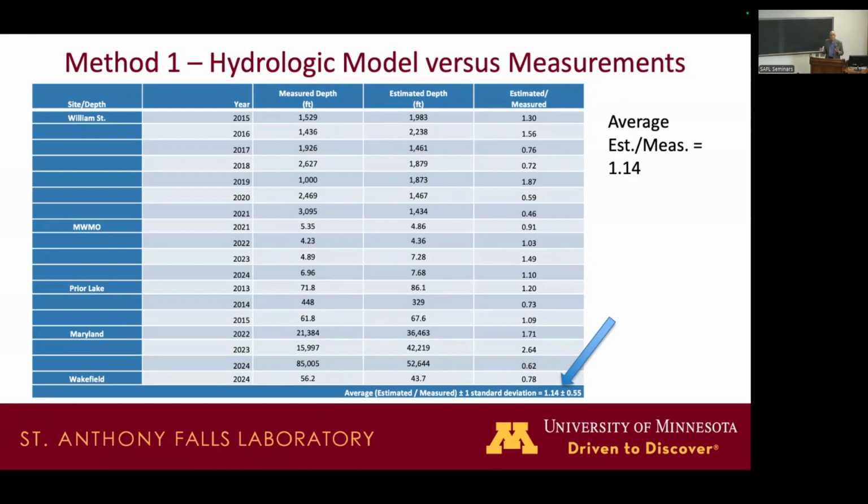I thought that was remarkable because first off, our model is not that good. And there's really no model that's that good. But secondly, there are also problems with measurements. You know, it's really difficult to measure flow, especially in a stormwater practice.